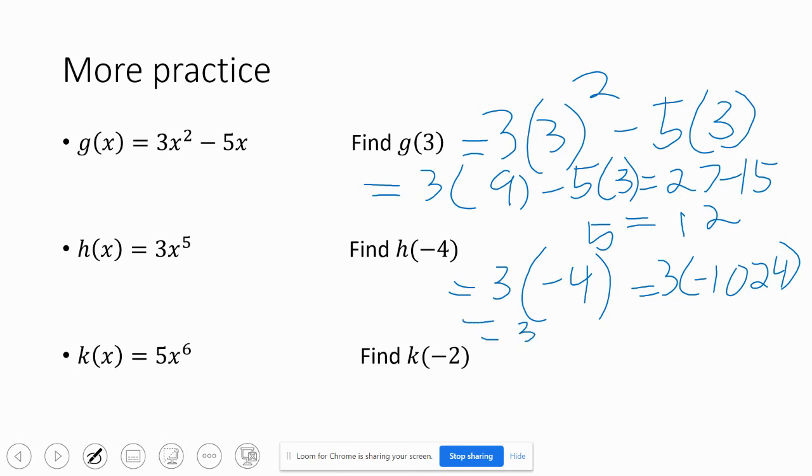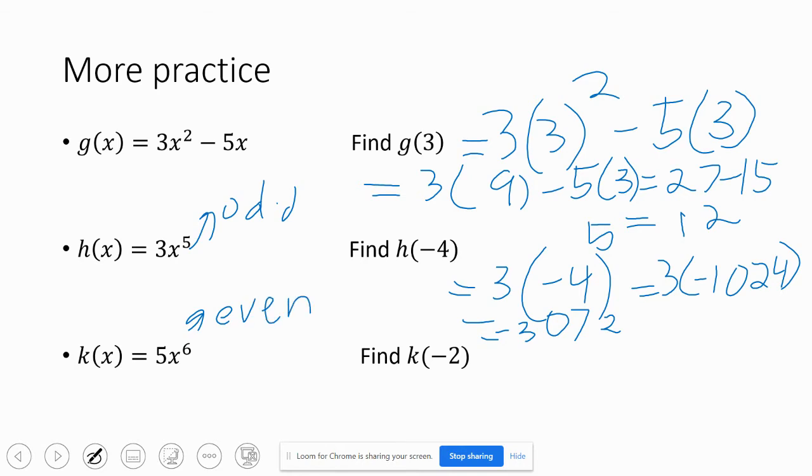Just remember, even powers when negative is positive. Odd powers when negative is negative. So in this case, you have an odd power. Our answer is negative. Here we have an even number. Our answer is positive.